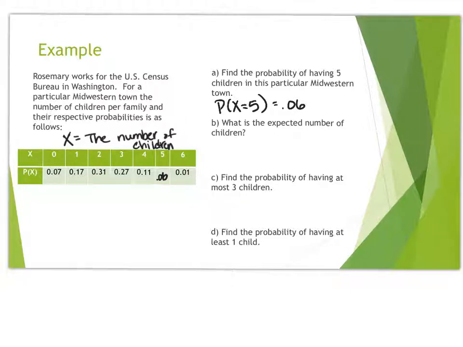The next question asks, what is the expected number of children? Here's how we calculate it. We say E of X, the expected value, also known as mu of X. We call it the mean also.